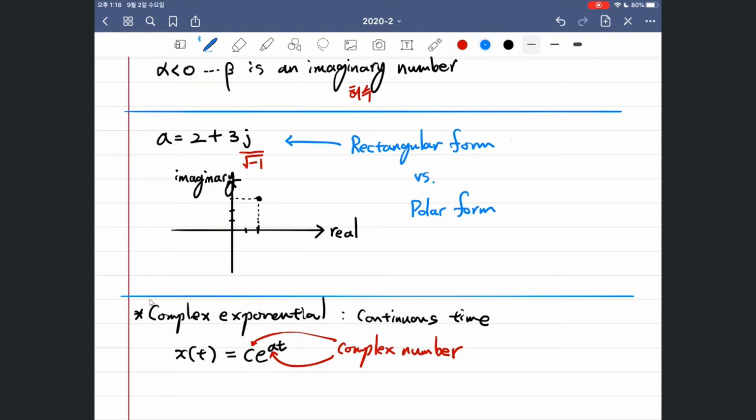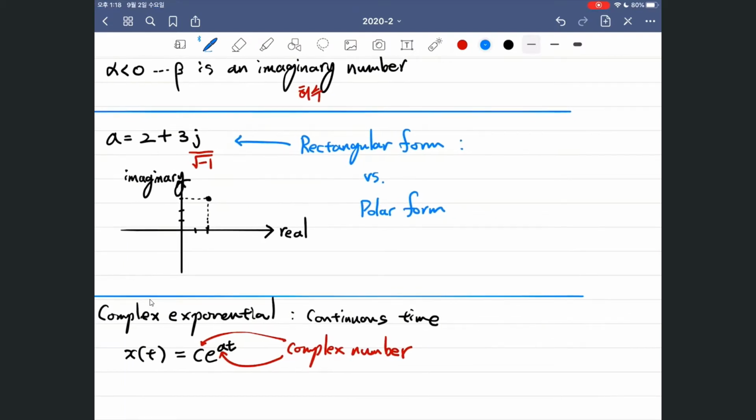So the rectangular form was like a equaling r plus j omega, and the polar form is representing the value by the magnitude, where you express the magnitude by the bars here, and then e to the j theta.